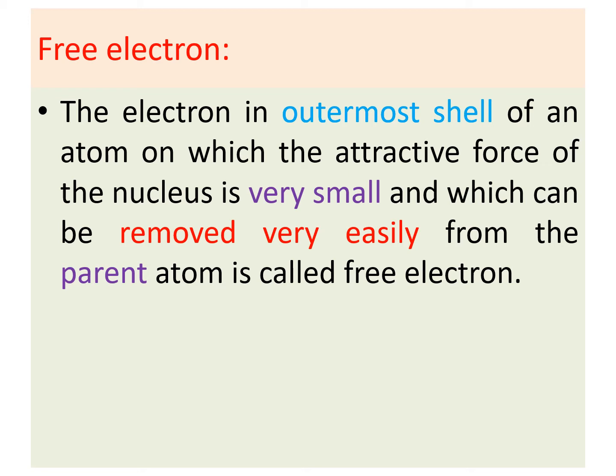That means there are some electrons in the outermost shell with little attractive force between them and the nucleus. That's why this type of electron can be removed very easily from the parent atom. Those are free electrons. Free electrons stay in the outermost shell of an atom.